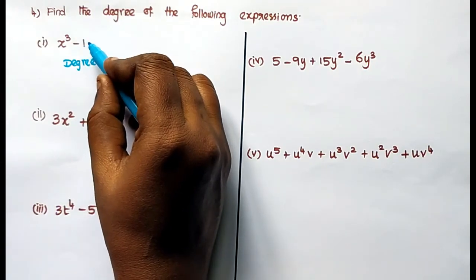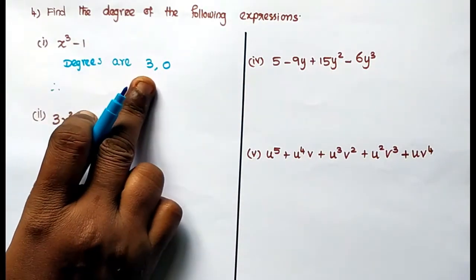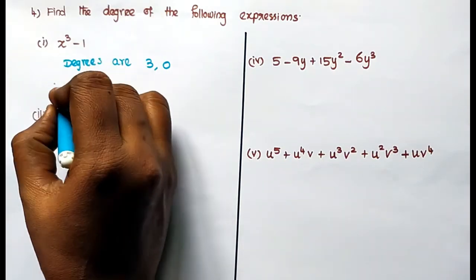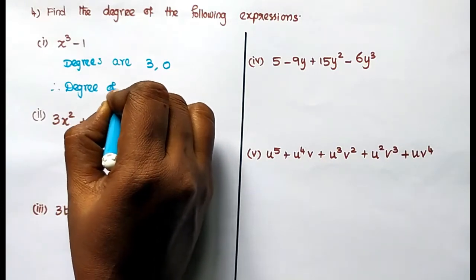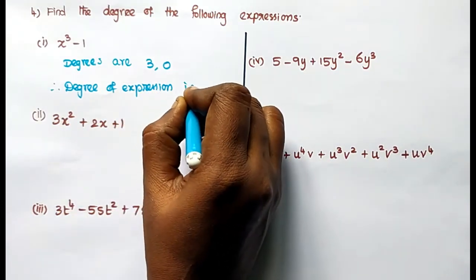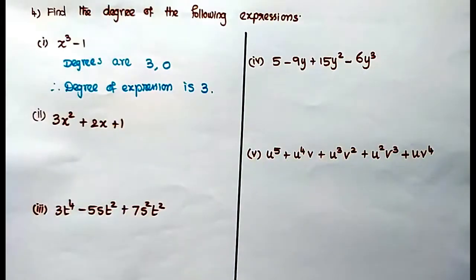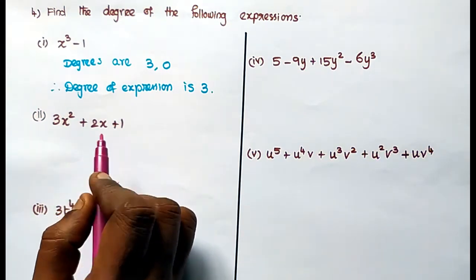The degree of a constant term is 0. Therefore, the highest power is the degree of the expression. Therefore, the degree of the expression is 3.